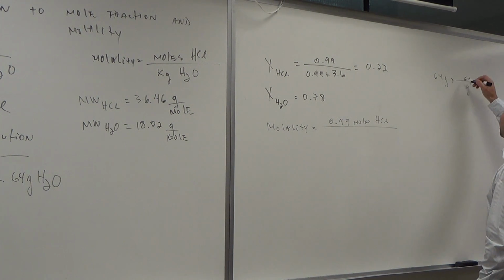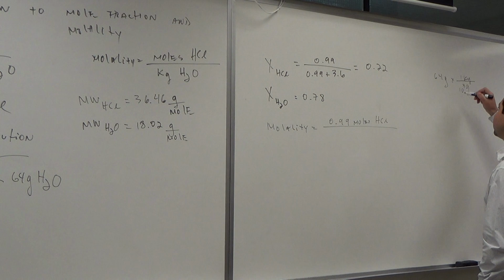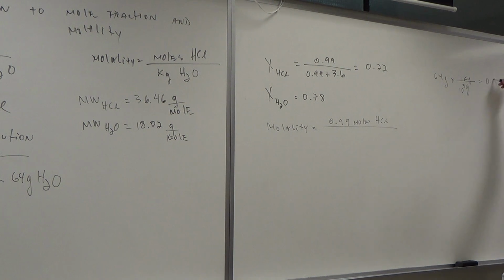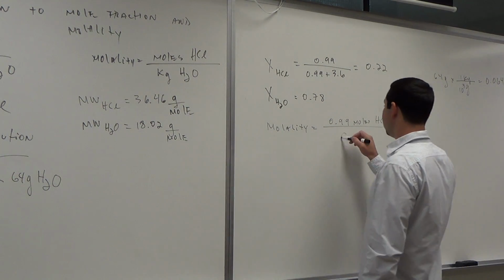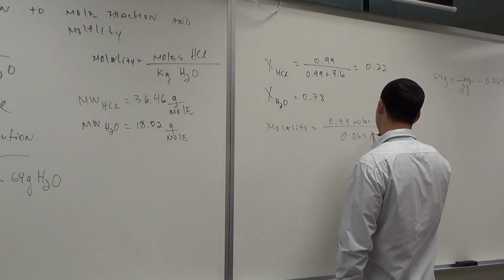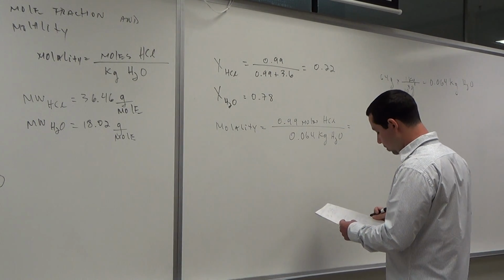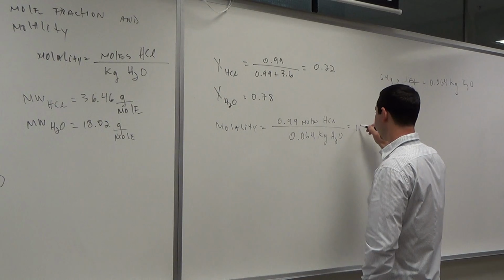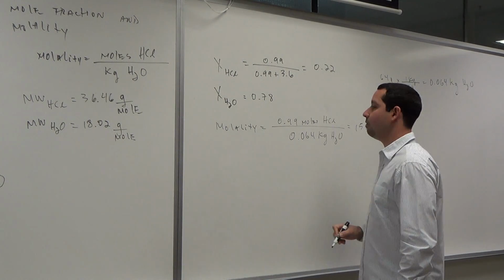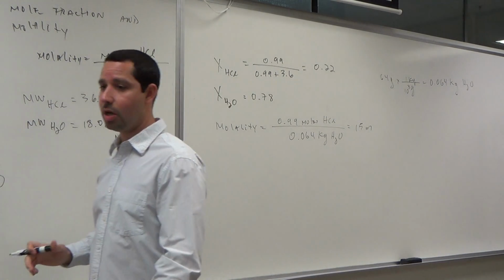So, how much is that? 0.064 kilograms of solvent. 0.064 kilograms of H2O, and this will give you 15 molality, more or less.